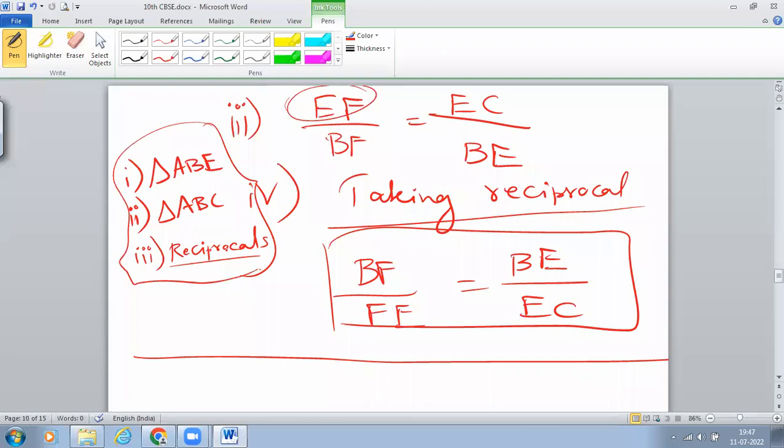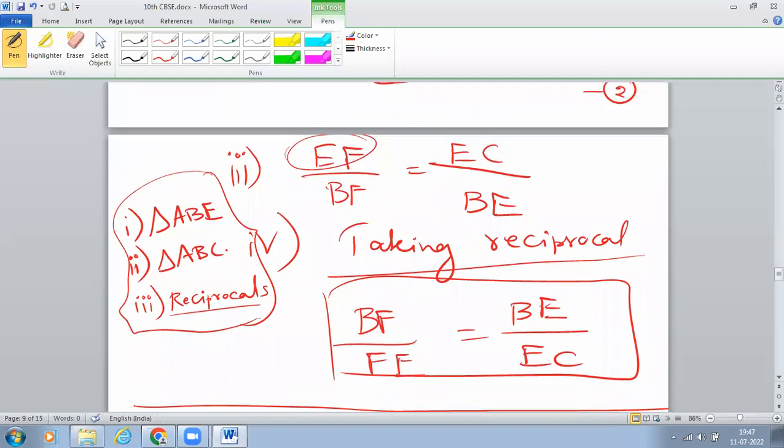Now, are you able to understand the fourth one? Anybody have a doubt? Please ask. No doubts. Very good. Please practice these sums, so that you will know what to write in the numerator and what to write in the denominator.